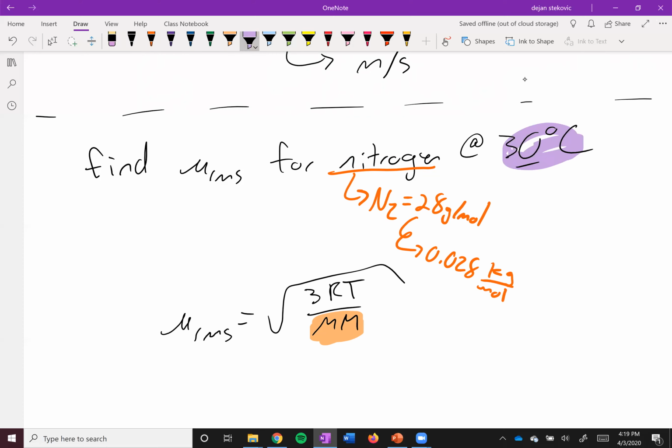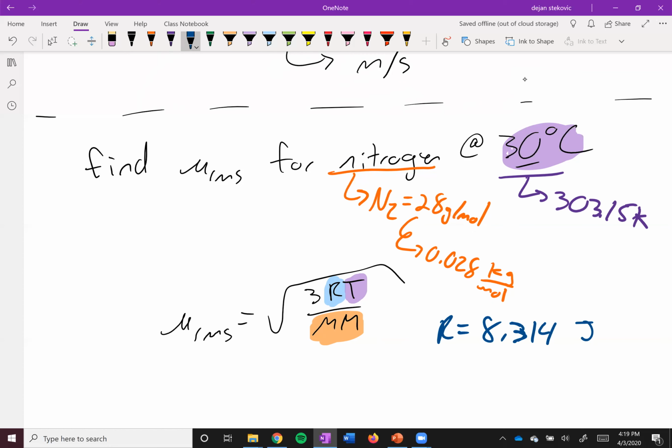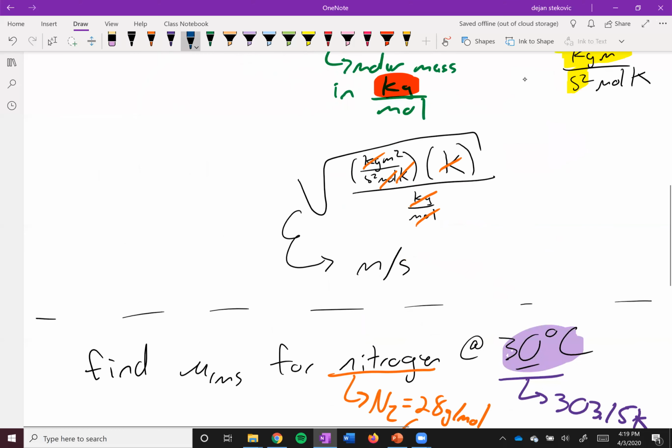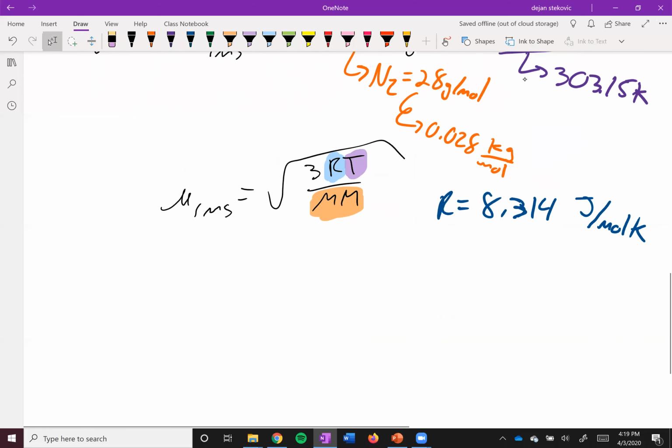Then the 30 degrees Celsius obviously has to be in Kelvin. So we add 273.15, which ends up as 303.15 Kelvin. Be careful of the R here. This is going to be equal to 8.314 joules per mole Kelvin, or you can think of it in terms of kilograms meters squared per second squared as well.